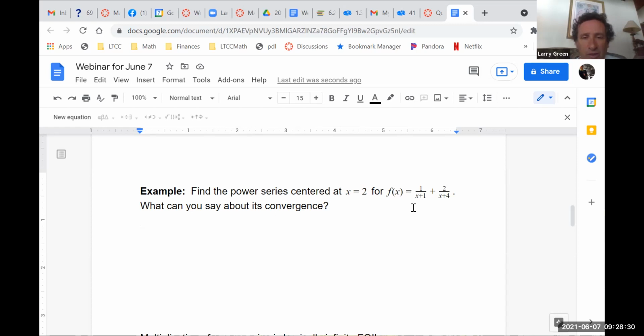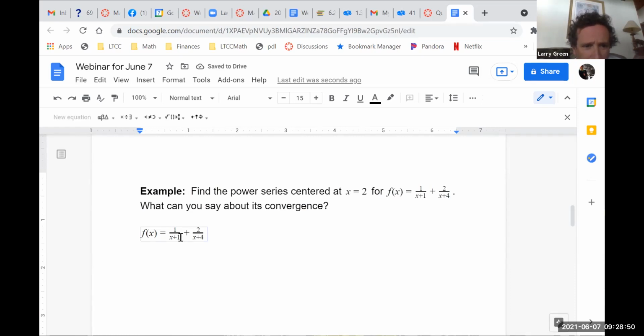Yeah, geometric. So this looks like a geometric series. Now we want it to be centered at x equals 2 and not at x equals 0. So we need to make that happen.